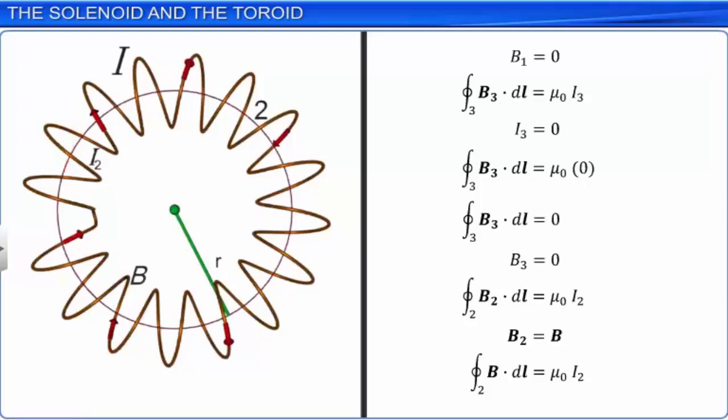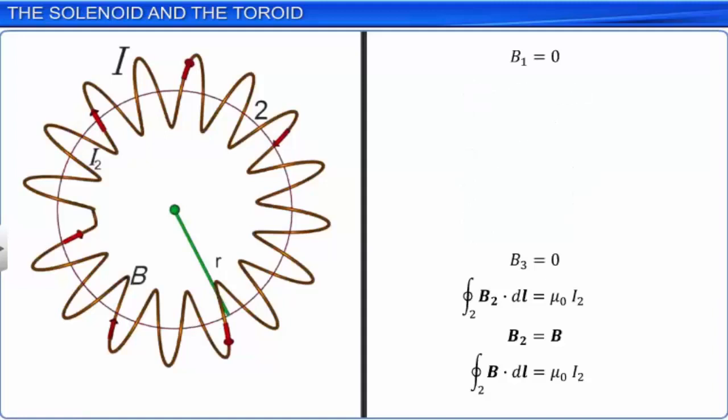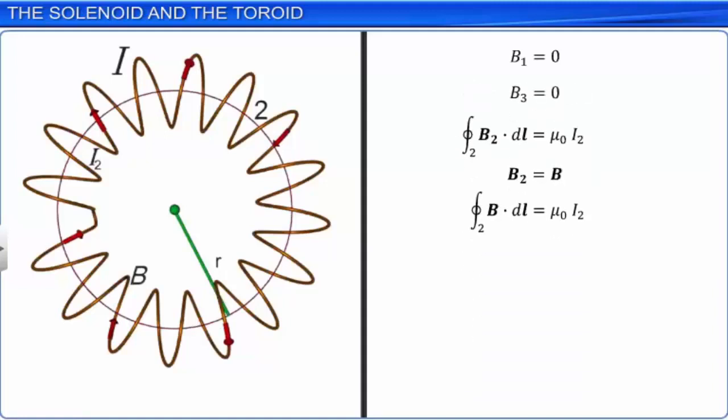As cos 0 is 1, we get B dot dl equal to B dl cos 0, which is equal to B dl. Since the magnitude of the magnetic induction is constant inside the toroid, this equation can be represented as B times the integral over the closed loop 2 of dl is equal to mu naught I2.